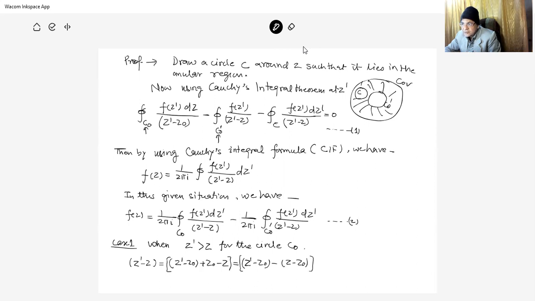If we take the common factor z' minus z0, we have 1 minus z minus z0 upon z' minus z0.